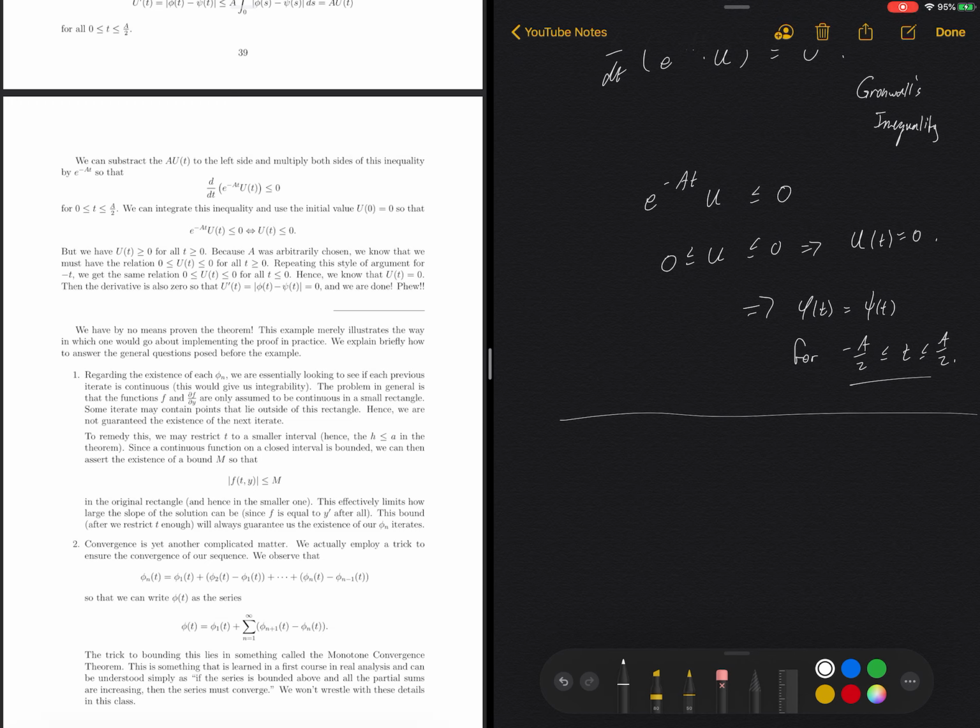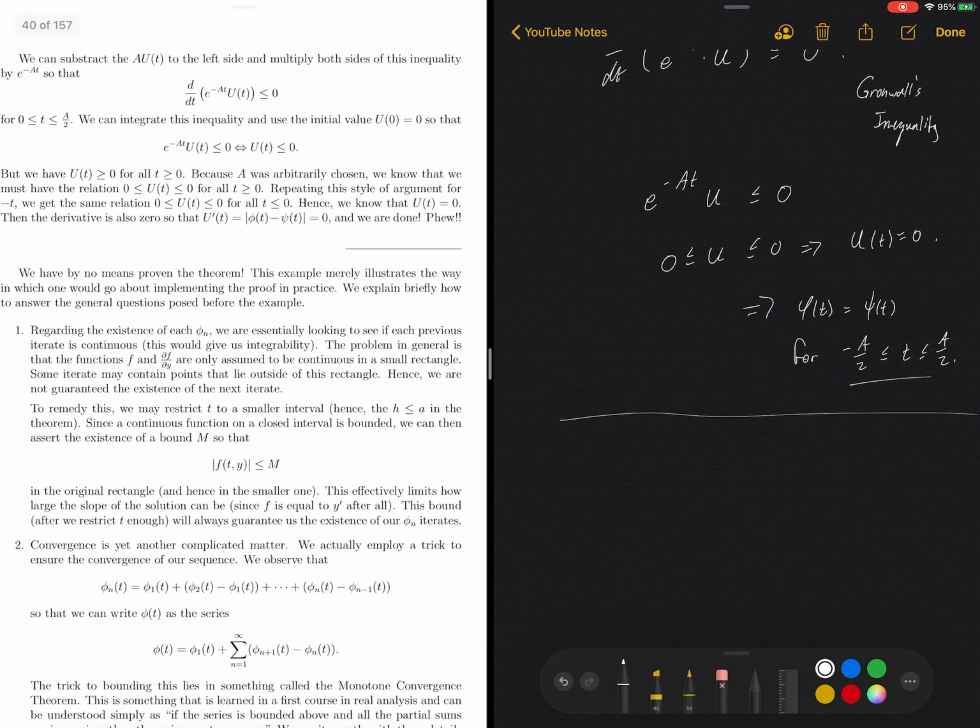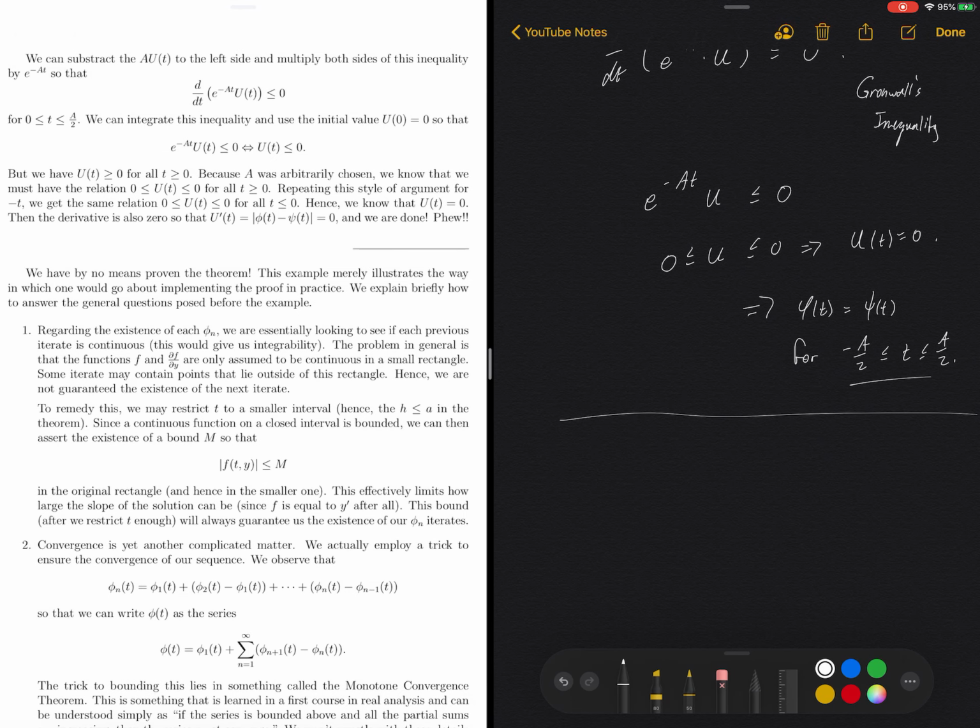Okay, so again, that is just what happens for our specific initial value problem. So that right there is the end for this particular example, right? We have shown that there is a solution, and what we just did shows that it is unique. Right.